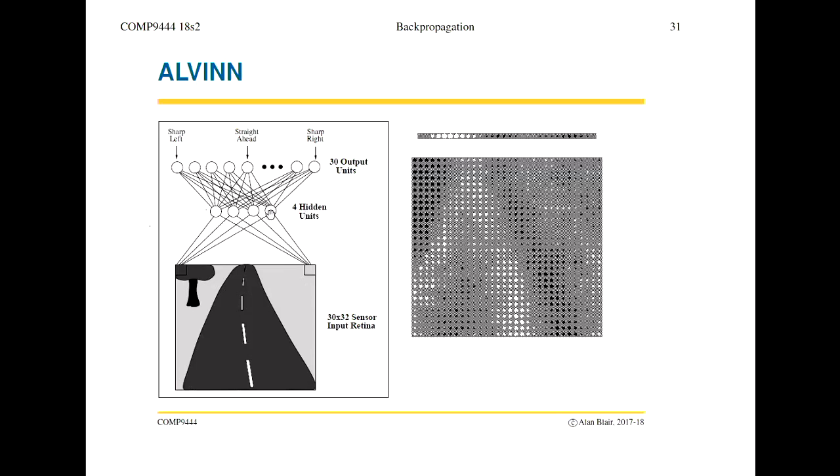And then they had 4 hidden units. This is the issue about pre-processing and post-processing. The aim here is to decide where to put the steering wheel.